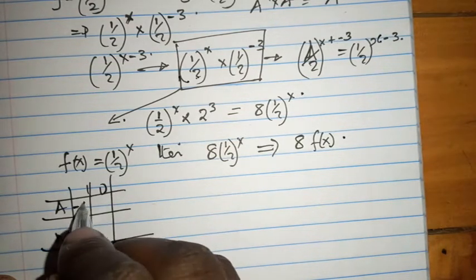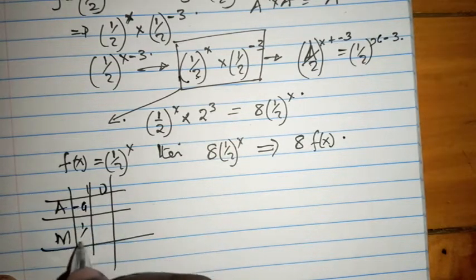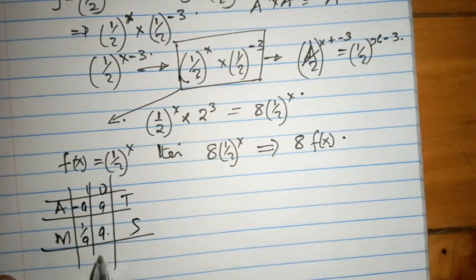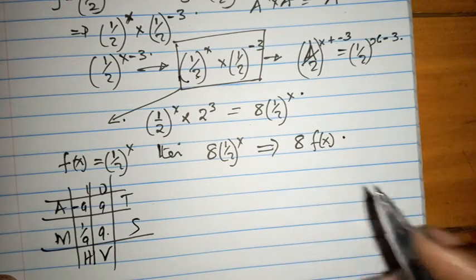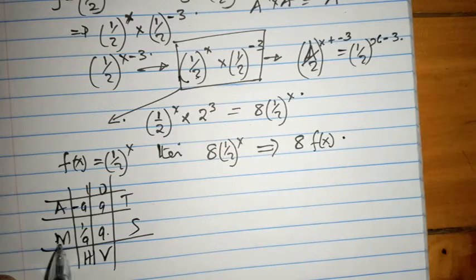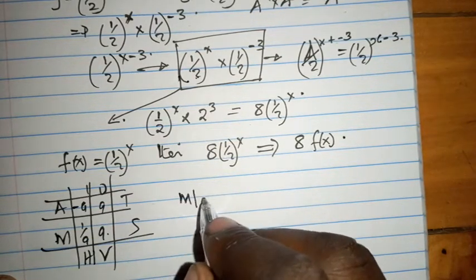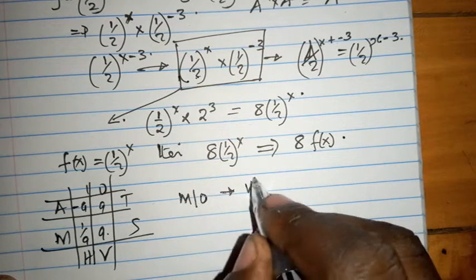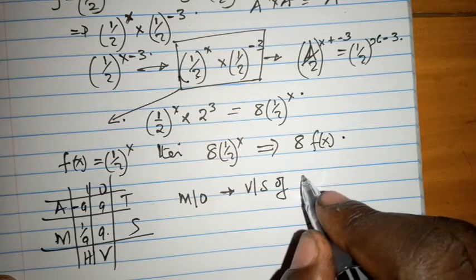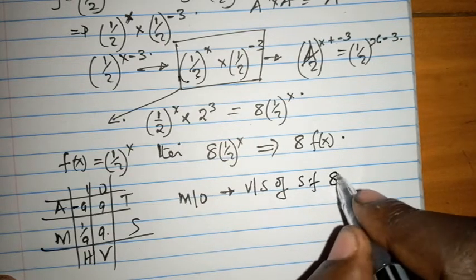Multiplication outside, minus a, 1 over a. This is multiplication outside, which is a vertical stretch of scale factor a, scale factor 8.